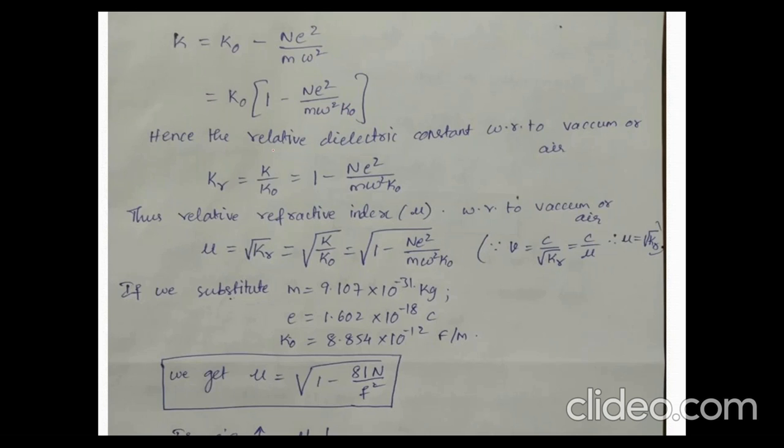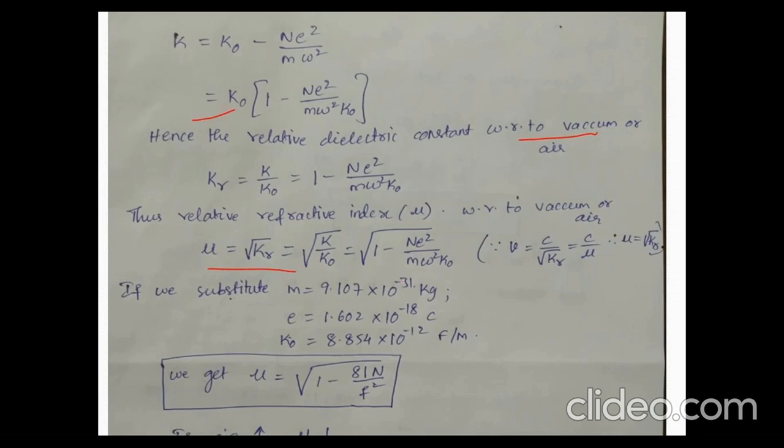Hence the relative dielectric constant Kr with respect to vacuum or air is K by K naught, that is, 1 minus ne square by m omega square K naught. The relative refractive index mu is nothing but root Kr. How do we get this relation?